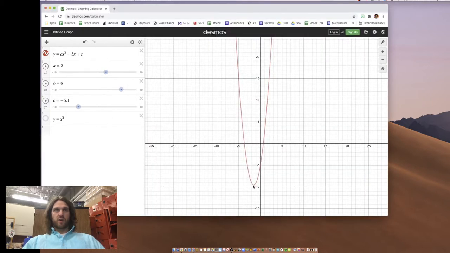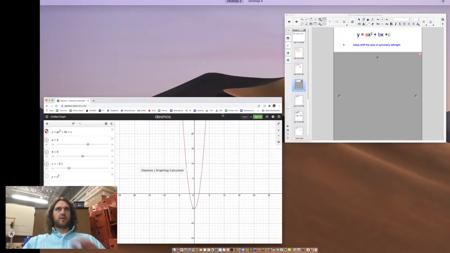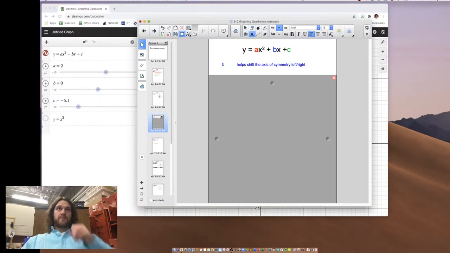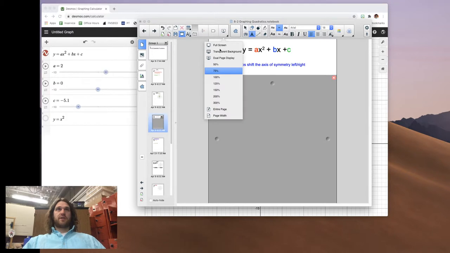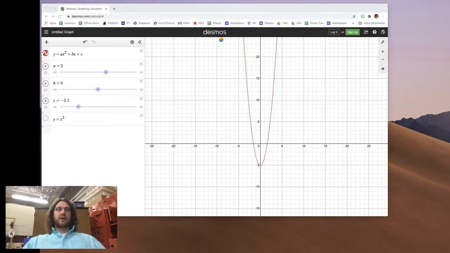And now just a quick recollection, the axis of symmetry is that line about which the two sides of the parabola are symmetric, and the vertex, the peak or the very bottom of the trough of our parabola, always lies on the axis of symmetry. Okay, so that's a great thing to know here. So b helps us shift the axis of symmetry.